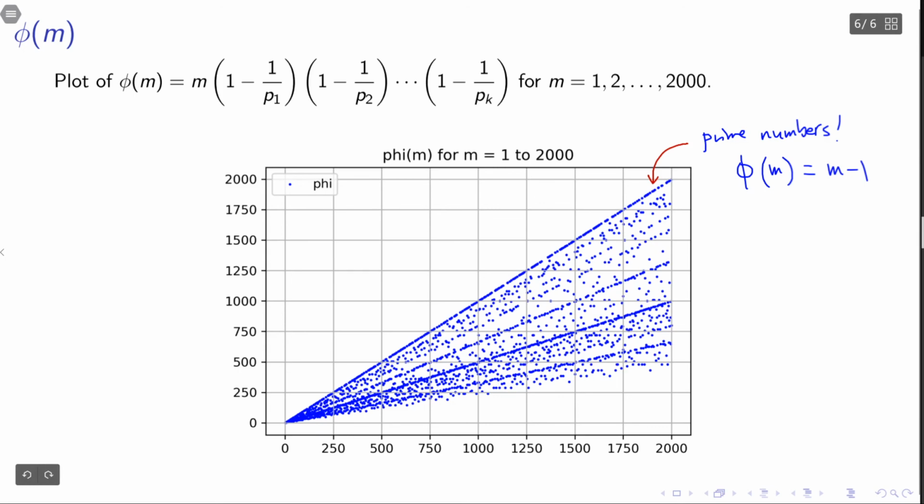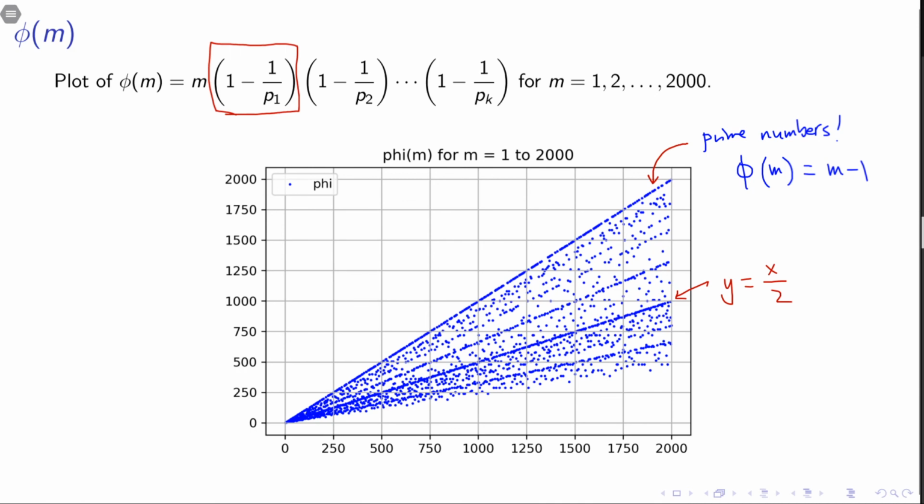You can even check something else here that's interesting. If you look at this line, for instance, that's roughly the line y equals x over 2. Right? So 2,000 is close to 1,000, right? And these are basically all those integers, or all those natural numbers where you have 1 minus 1 over 2 as a factor, right?